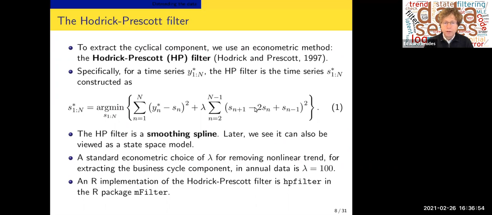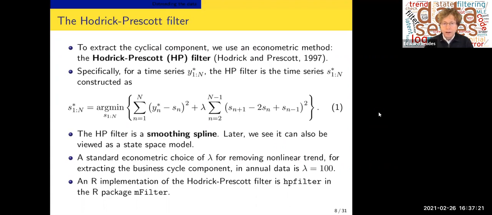The smooth values should minimize the sum of squared differences to the data, with also a penalty corresponding to the sum of squared second differences of the smooth multiplied by the smoothing parameter lambda.